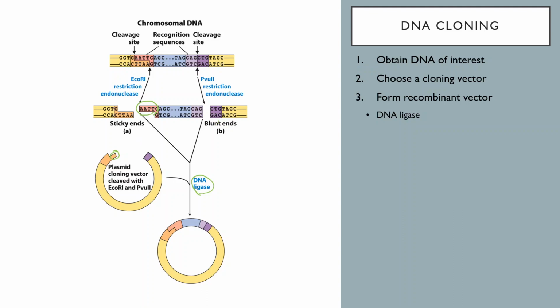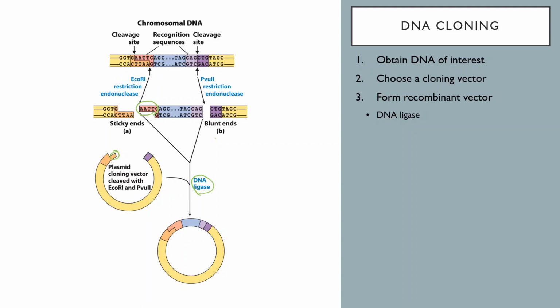But there are other situations where you might want blunt ends, in which case it doesn't matter what enzyme either one was cut with. You could cut your plasmid with one restriction endonuclease and cut your DNA of interest with a different one, and if they both make blunt ends, then DNA ligase will just attach them together.